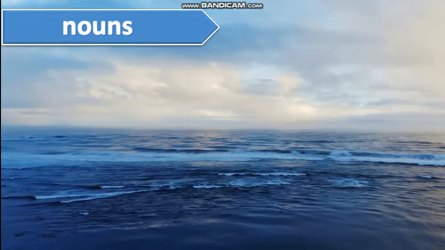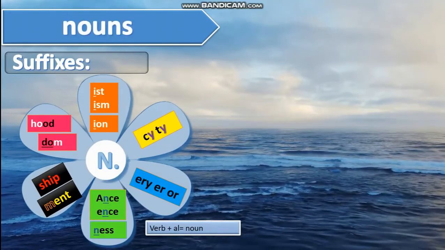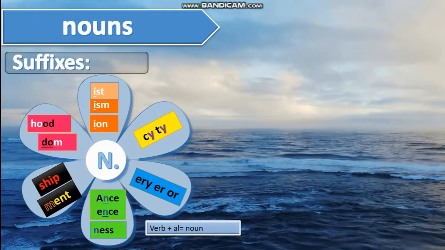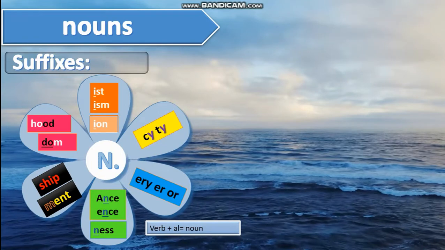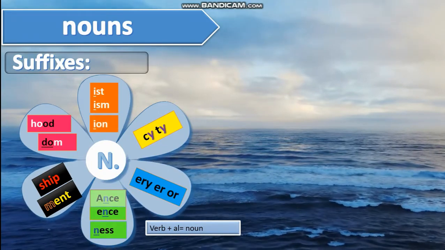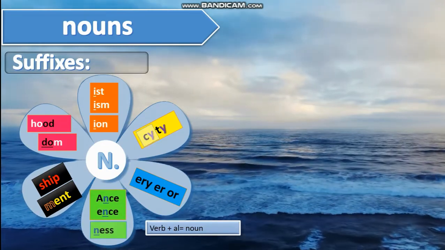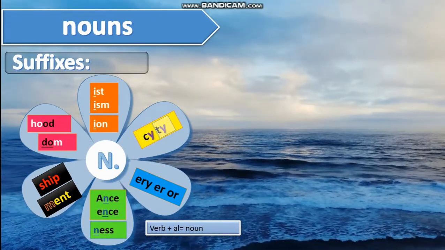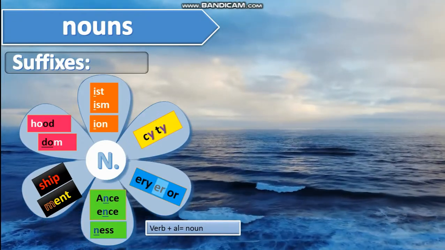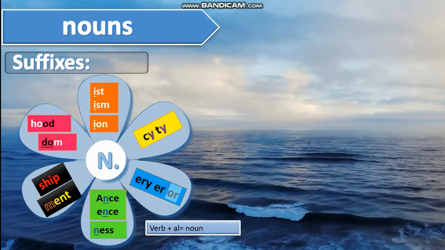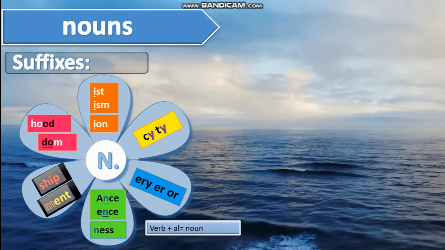Nouns. Some suffixes are added to words in order to be nouns: ist, ism, ion, ance, ence, ness, cy, ty, ery, or, hood, dom, ship, ment.